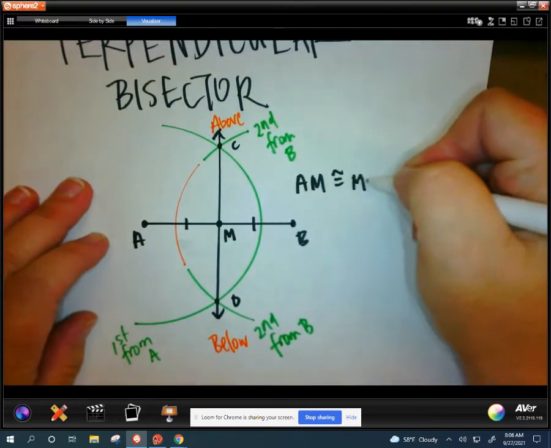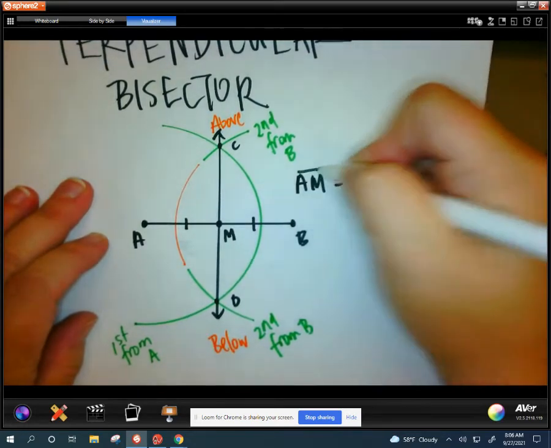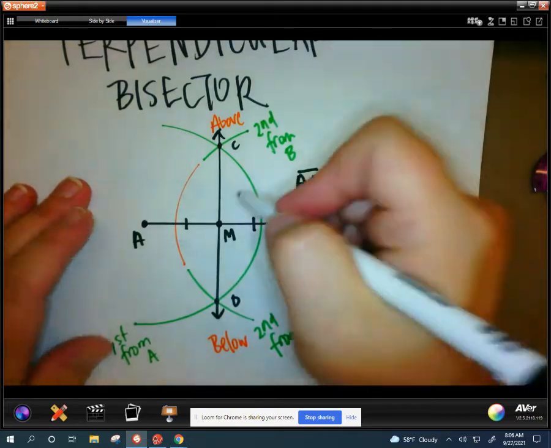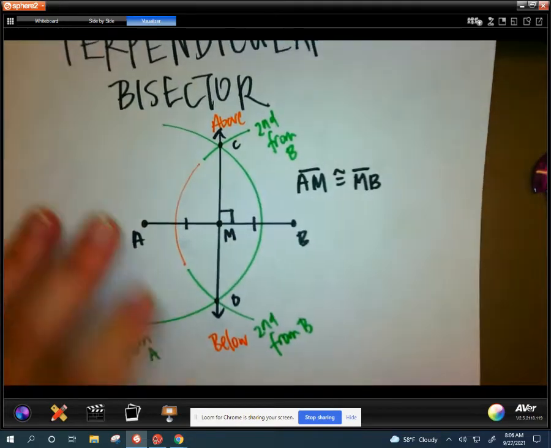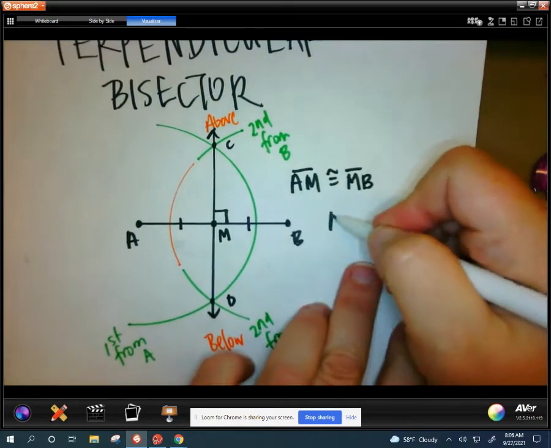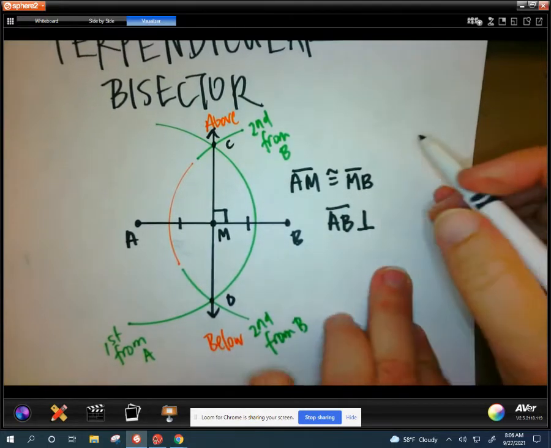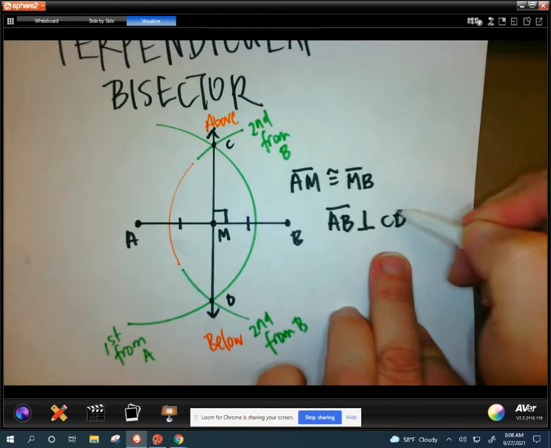Congruent to MB because it bisected. We are intersecting, forming a right angle, so we can say AB is perpendicular to CD.